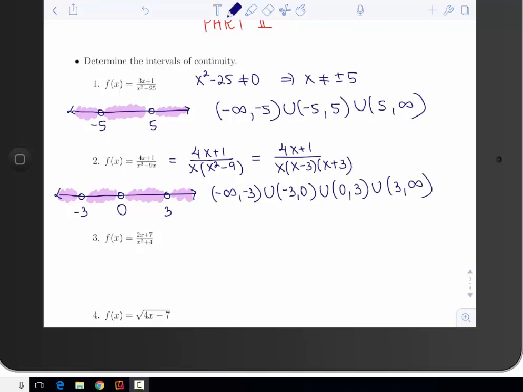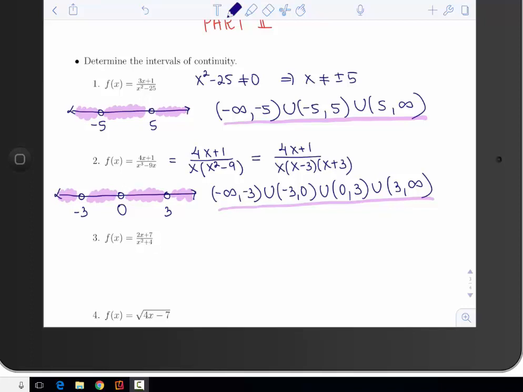Okay, so on the left here you have a graphical representation of the domain. On the right we have the interval notation, so the function is continuous on these intervals. Okay, it is continuous on its domain. Just like in the previous example, these are the intervals where the function is continuous.